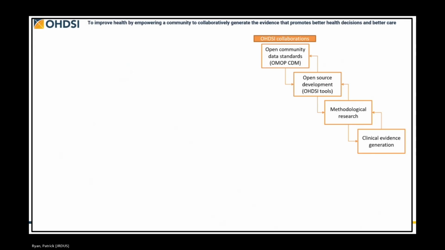Their large national claims databases are converted to the OMOP common data model, and they've created a trusted research environment where basically any researcher in Korea, if they develop a protocol, can run the analysis across their entire network. So it's a really inspirational model of what they're able to do in Korea, that we oftentimes hold up. Even here in Australia, we can learn a lot from what's happened in Korea in terms of thinking about how you would bring together your states and territories with the Commonwealth data and put that all together as a common resource.